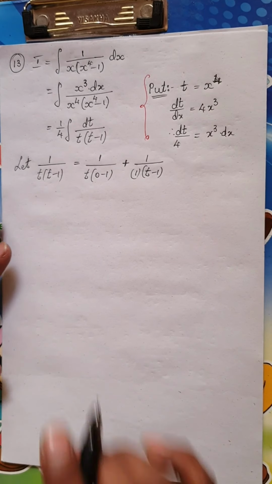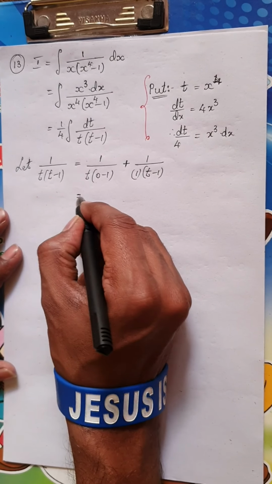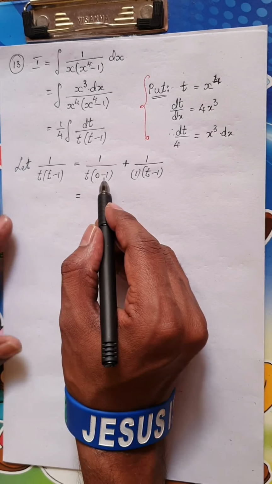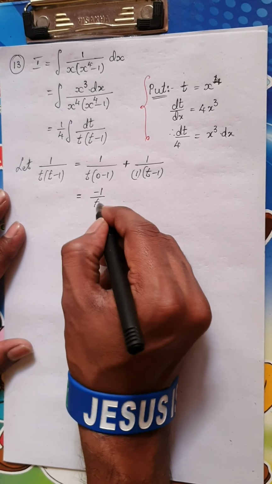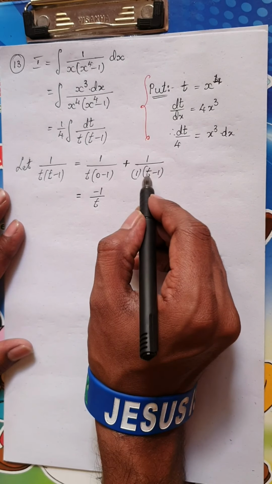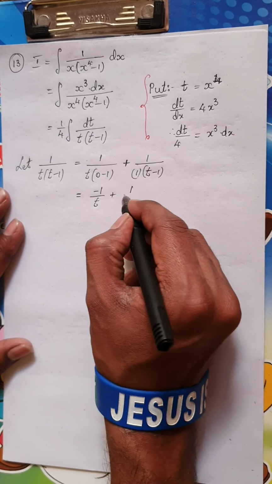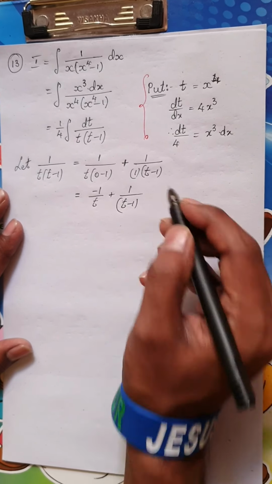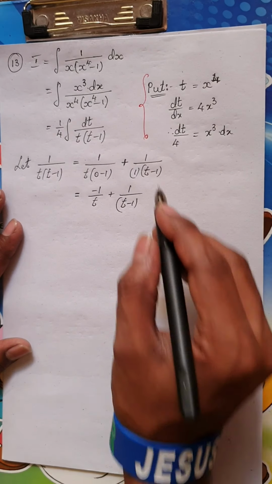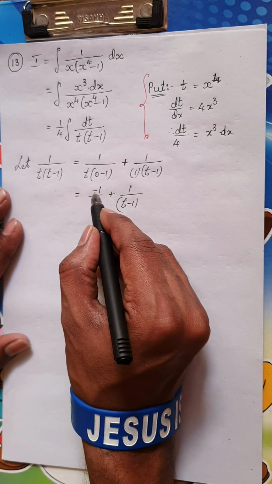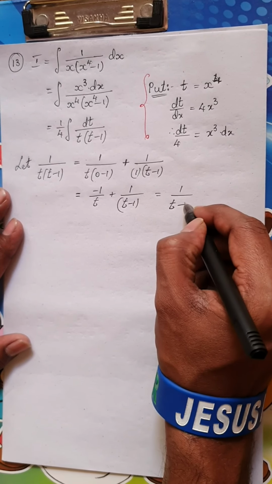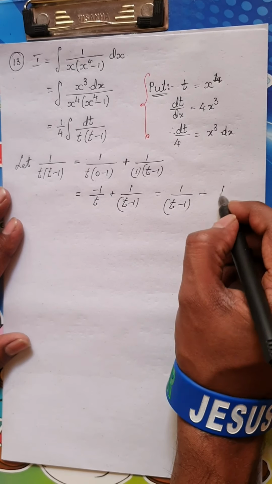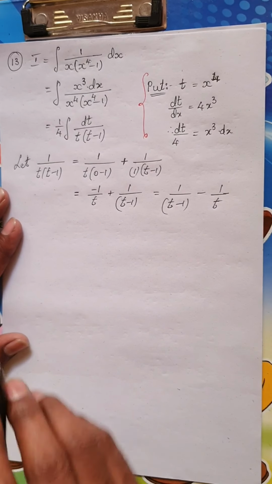So this becomes, now look here, 0 minus 1 is nothing but minus 1, isn't it? So I will write minus 1 divided by t. Now this is 1 by 1 as it is, I will write it as 1 divided by t minus 1. Now I can further rewrite this as, remember I do not want to have this negative term first, I will write the positive term. So it is 1 divided by t minus 1 minus 1 divided by t.